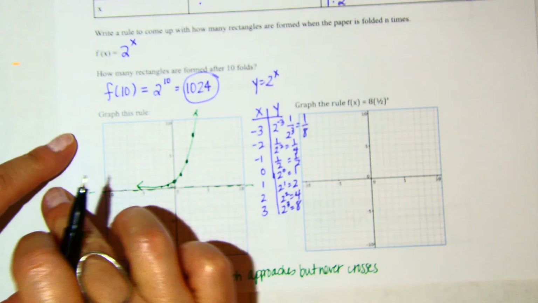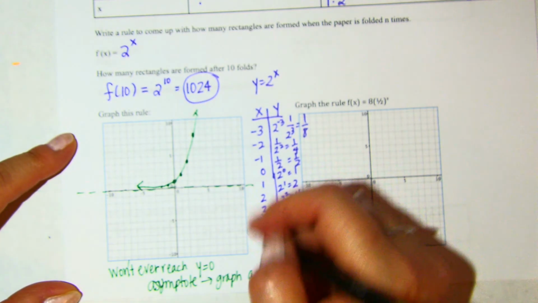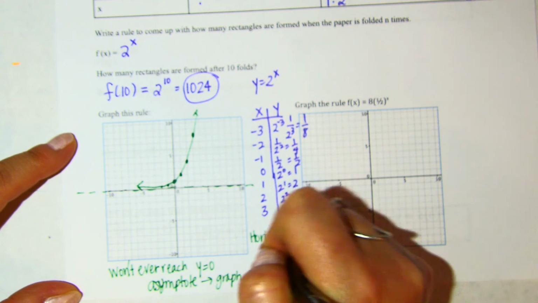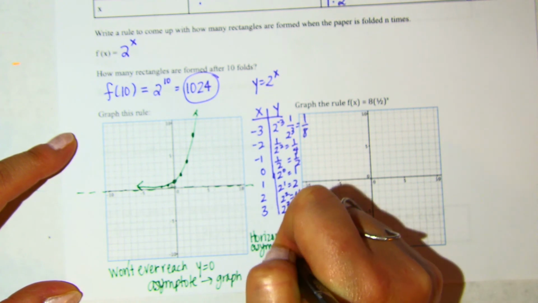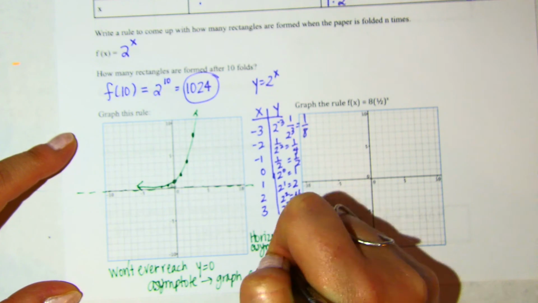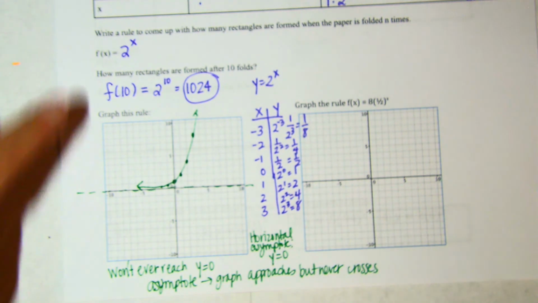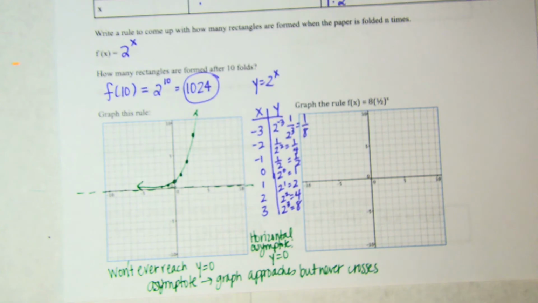Okay, so this has a horizontal asymptote. We'll talk more about this in a little bit. Asymptote of y equals 0. Okay, so with exponential functions, we'll talk about the properties in a minute. They have horizontal asymptotes, and y equals 0 is the asymptote.